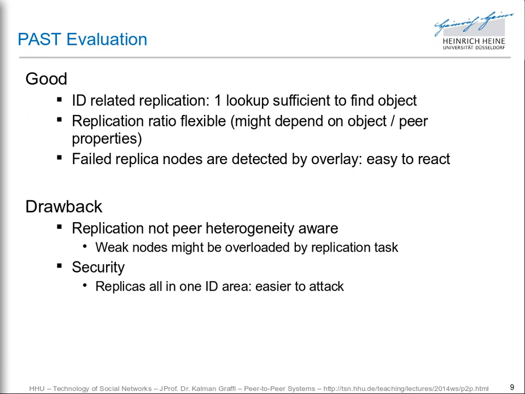And also the security of PAST: the replicas are all in one ID area, so it's very easy to attack it. For example, in the simple replica, the replicas are located at different, independent IDs, so it's difficult to attack this.